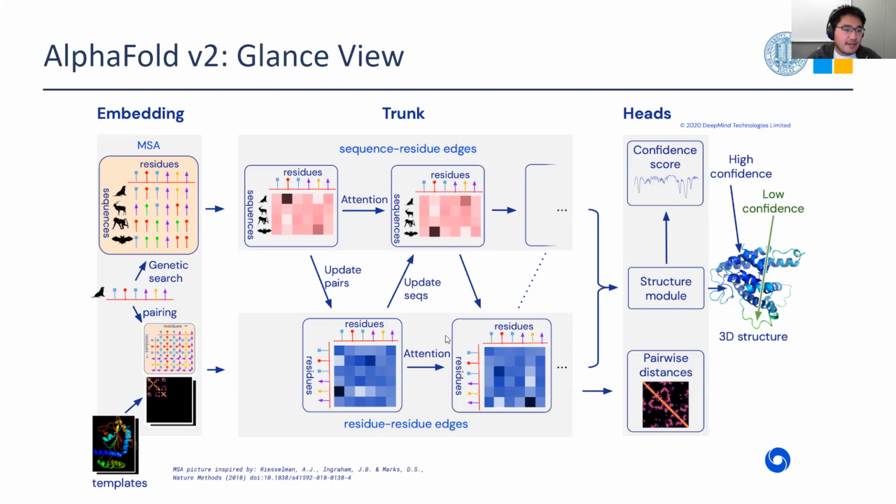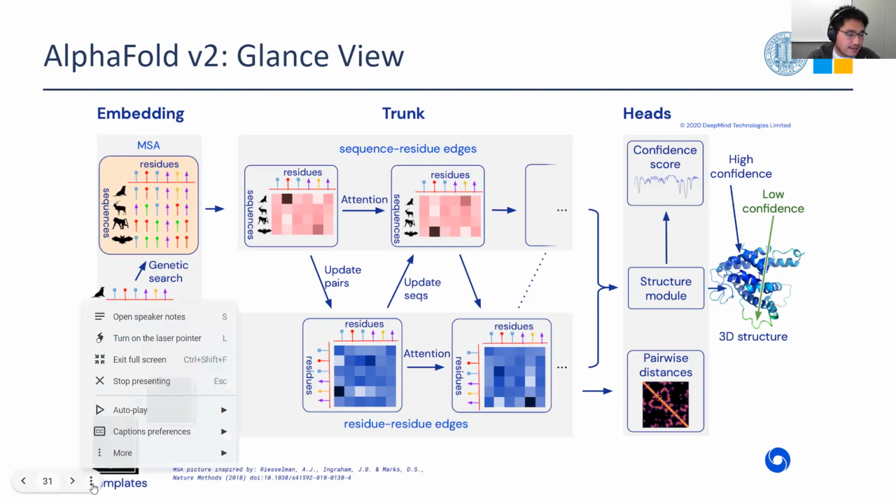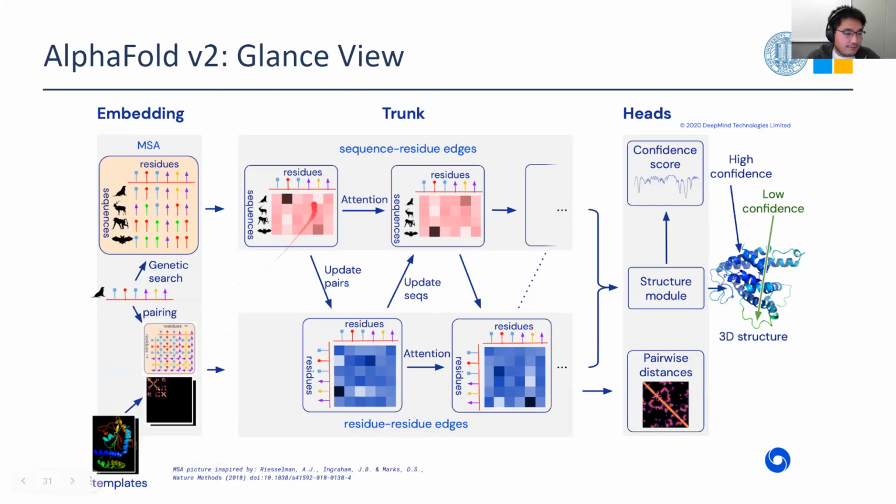Another way of understanding is that if we notice residues I and J, like this red one and orange one, have some feature interaction observed from multiple sequences, the MSA part, we might input that information to the residual matrix, for example the red to orange entry.